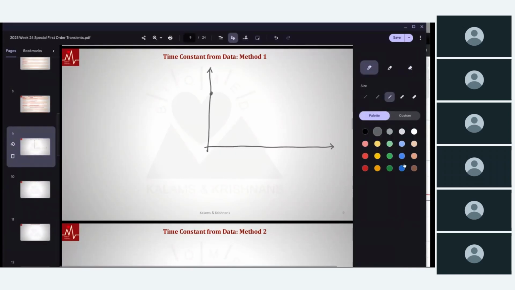Let's say we start at y0, and it decreases. Notice y of t is y0 e power minus t by tau. What is the value of y when t equals tau? When time equals one time constant, what is y of tau?